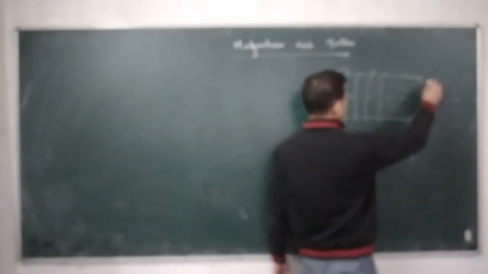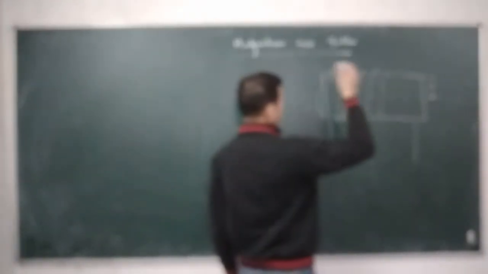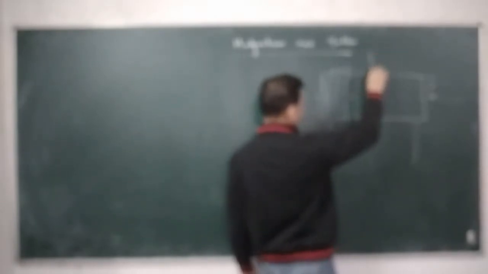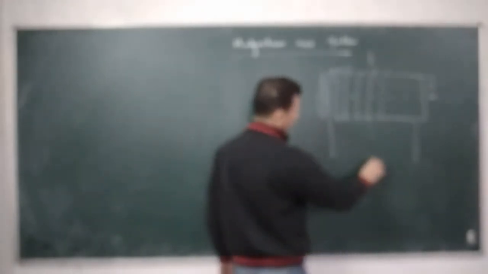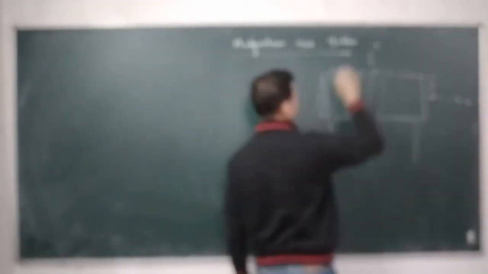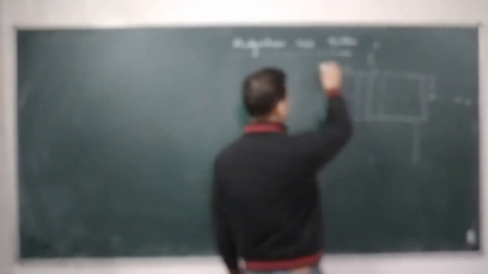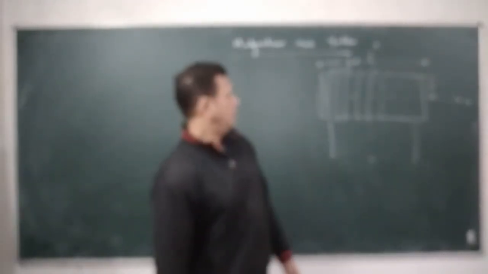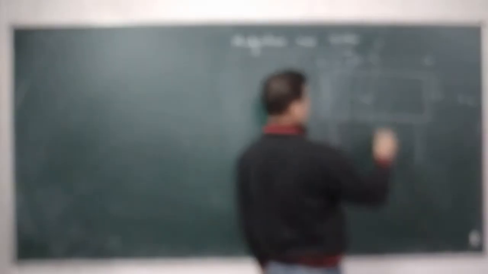Let the radius of the solenoid be small. For simplicity, we will consider that the solenoid is divided equally into two parts. That is, we consider this as the x-axis and this as the y-axis. The length of the whole solenoid is, suppose, 2m, and let us consider this to be the origin of the solenoid.